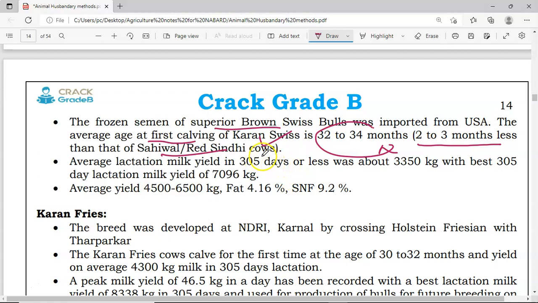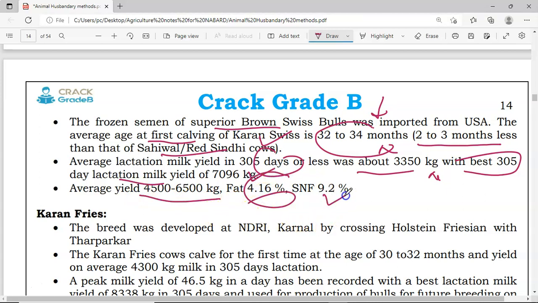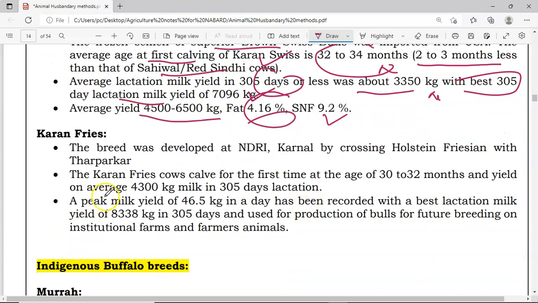Average lactation yield in 305 days is about 3,350 kg with the best 305-day lactation of 709 kg. So it is the effect of crossbreeding. Average yield is 4,500 to 6,500 kg with fat of 4.15% and SNF of 9.5%.